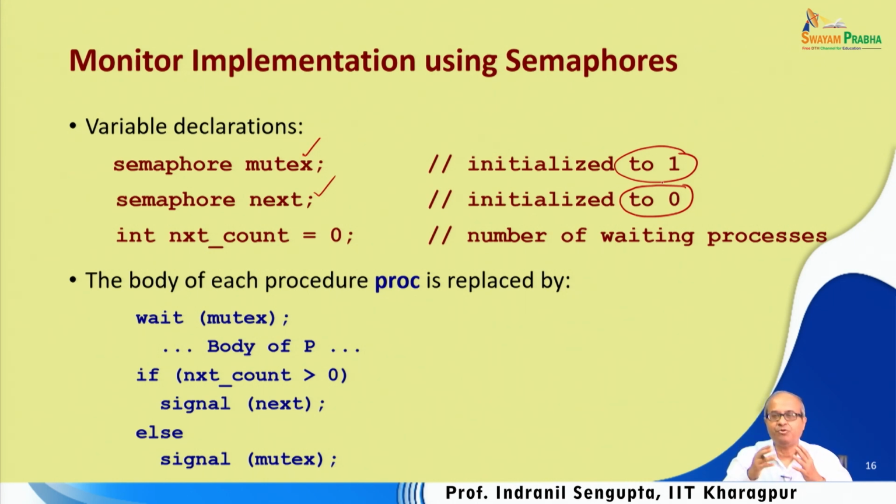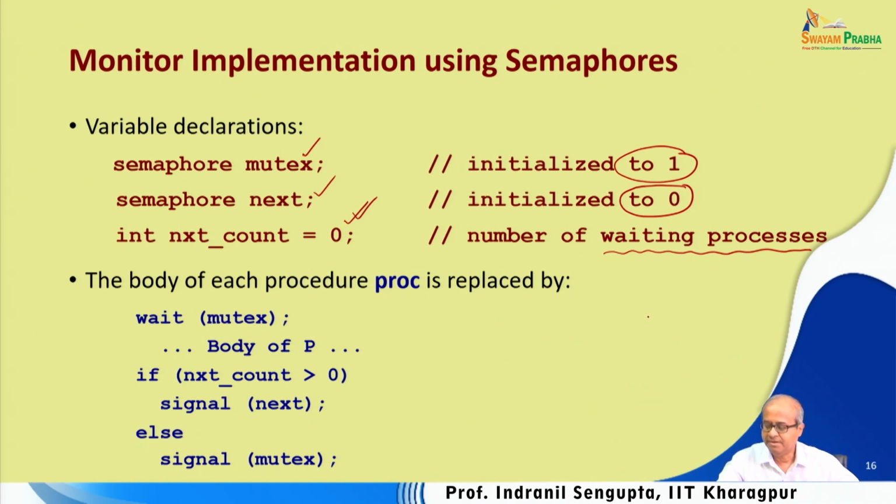because here we are trying to keep track of how many processes are waiting. Next is a semaphore that keeps track of that, and there is an integer variable, let us say called next count, which represents the number of waiting processes.